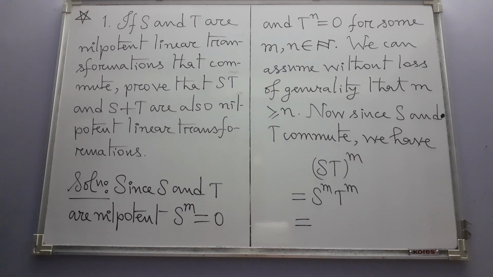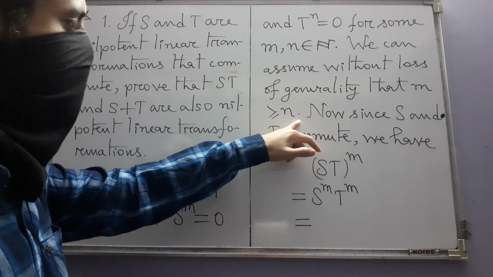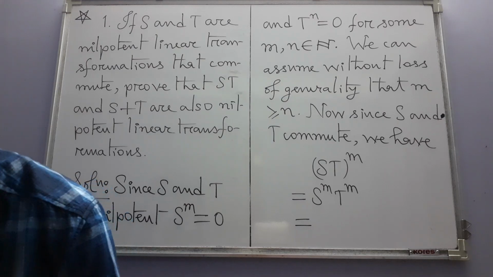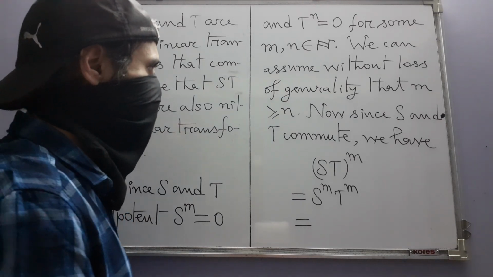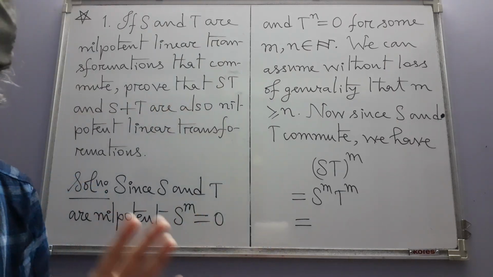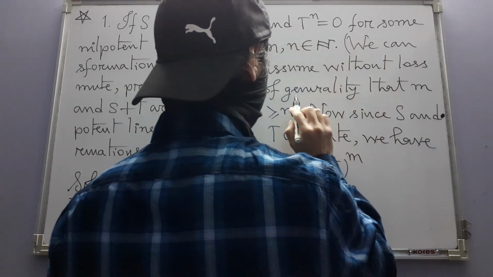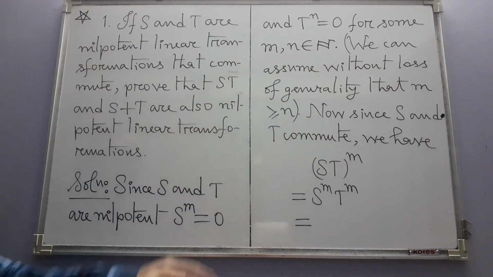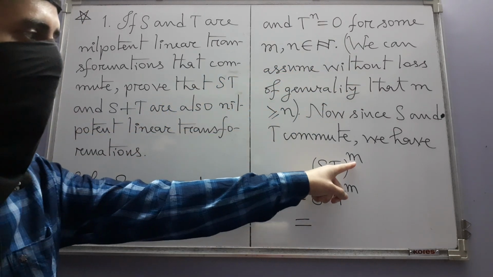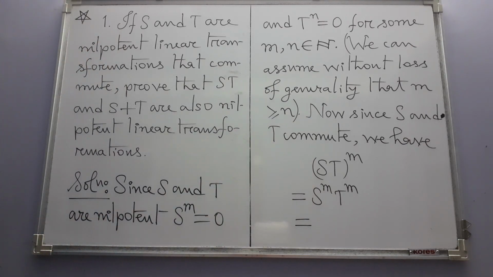Now, actually this part also was not really necessary. Yeah, this part is okay. Now only I am noticing this. I was thinking that we would need to assume that one of them is greater than or equal to the other. So instead of erasing this part, I am just simply saying that there is no need to write this part. You straight away simply consider the mth power of ST. Why is that enough for us?